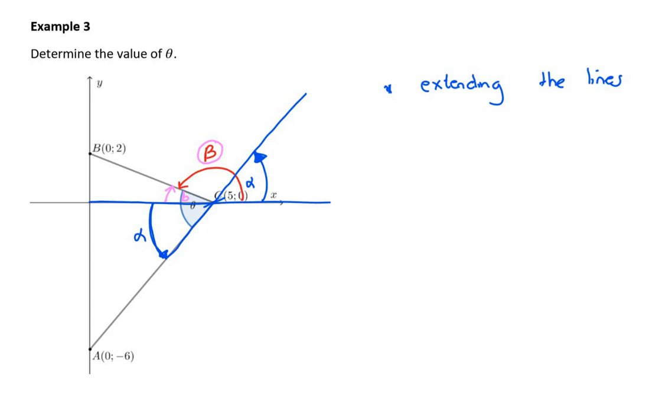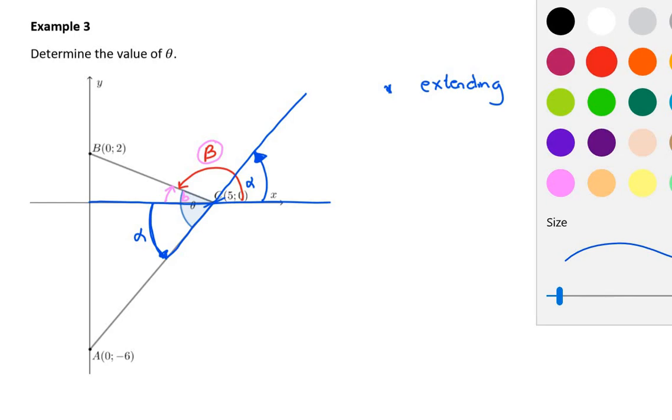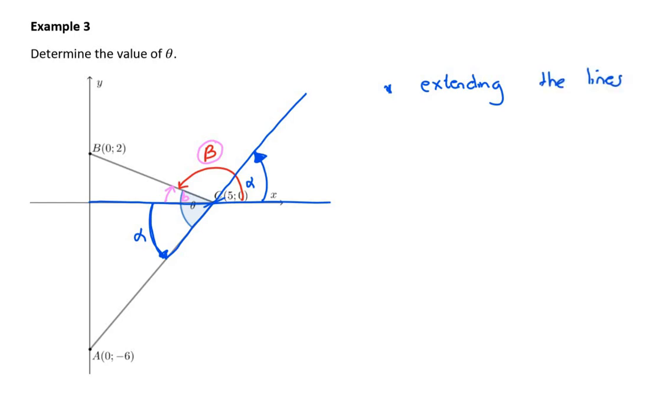So basically, can I work out theta by dividing it into two parts? Finding alpha and doing vertically opposite, finding beta and then working out b and adding those two together. So let's try and do this a little bit more slowly when we work through it, and hopefully it'll become obvious to us. So we'll have CA's gradient is 0 minus 6 all over 5 minus 0.